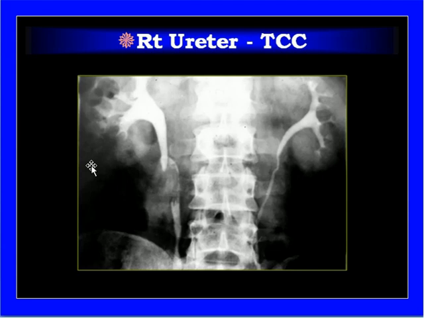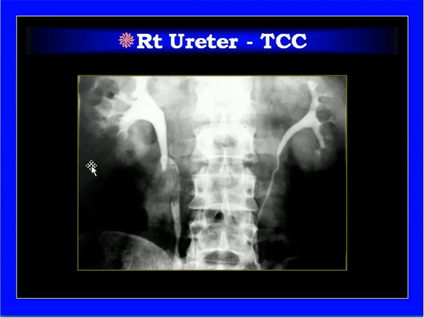There are certain conditions like transitional cell carcinoma. It may involve the ureter as well. This is the case where you can see on the left side the pelvic calyceal system is normal with normal excretion, while on the right side there is hydronephrosis and hydroureter, and there is cutoff of the ureter in the mid segment, and then you can see the contrast again in the right ureter coming down.